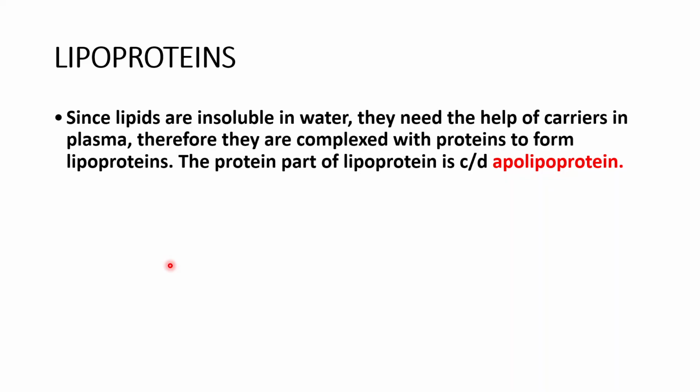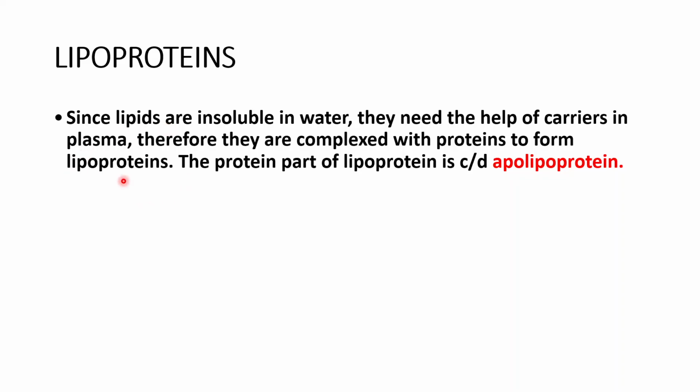Then coming to another important part, that is lipoproteins. So you all know that lipids are insoluble in water, but they need the help of carriers in the plasma. Therefore they are complexed with proteins to form lipoproteins.